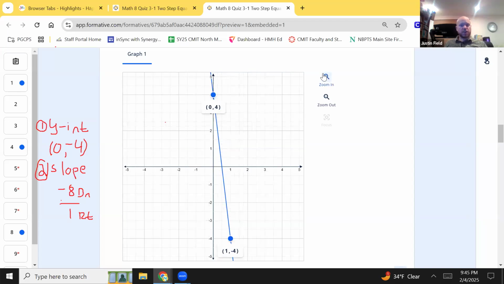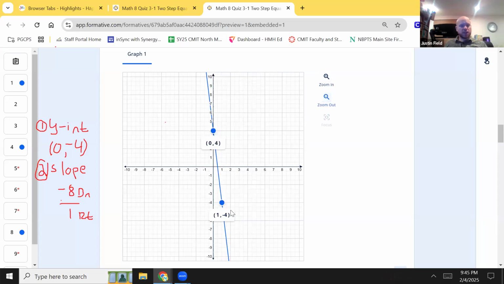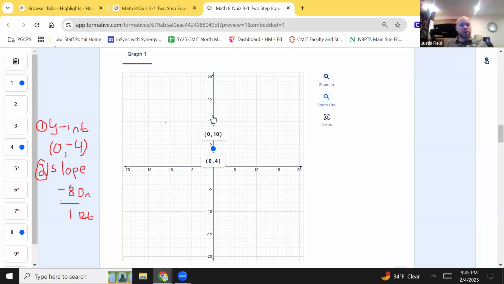I saw a lot of different people zooming in and zooming out. You didn't really need to zoom in or out. Just put the points right there. But another way, I guess you can't go up 8, because that would make it 12. So maybe that's why some people zoomed out.